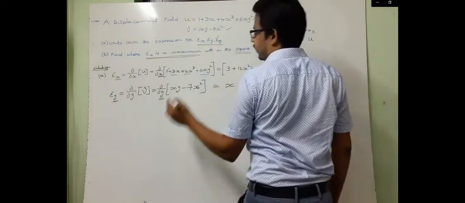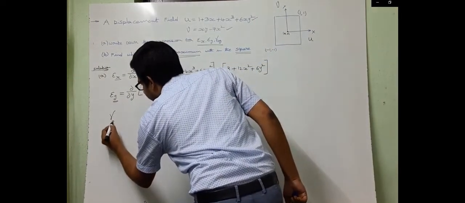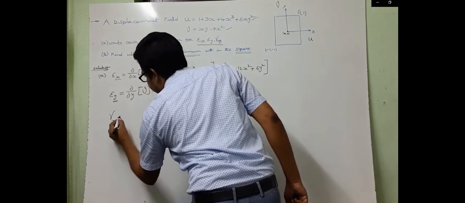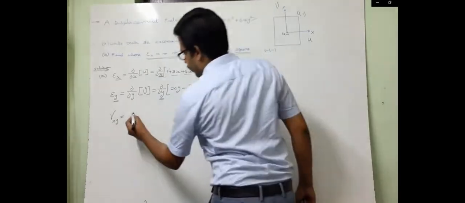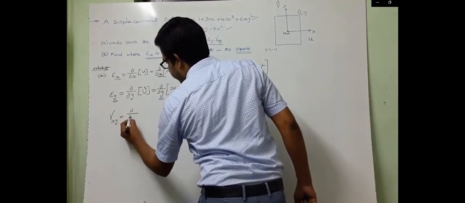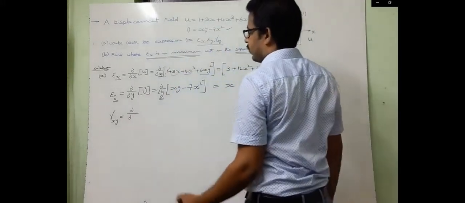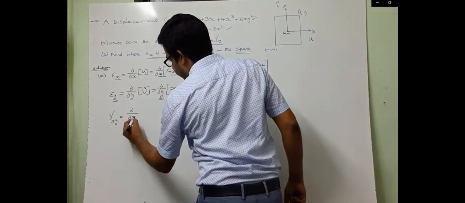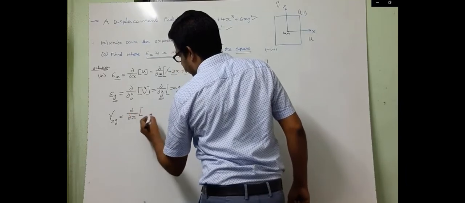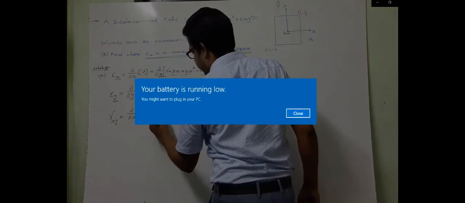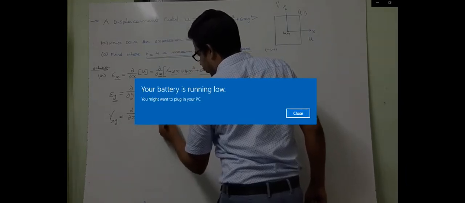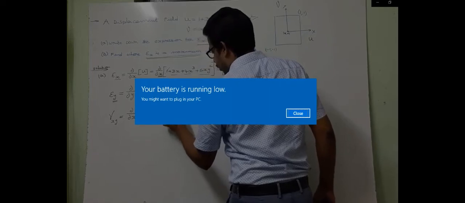Coming to the third one, here gamma xy is equal to ∂/∂x of v plus ∂/∂y of u.